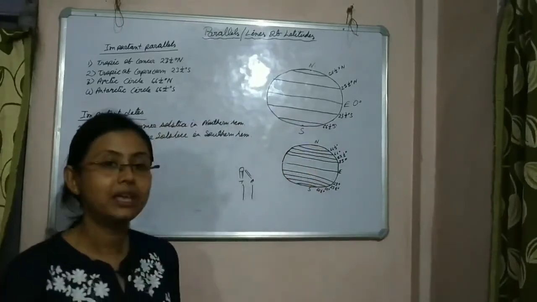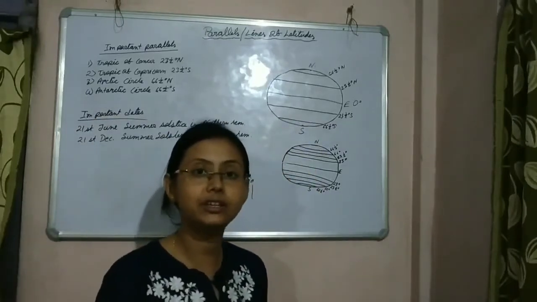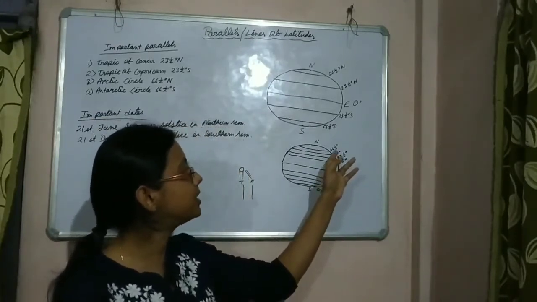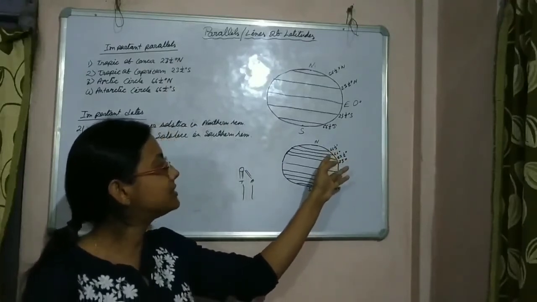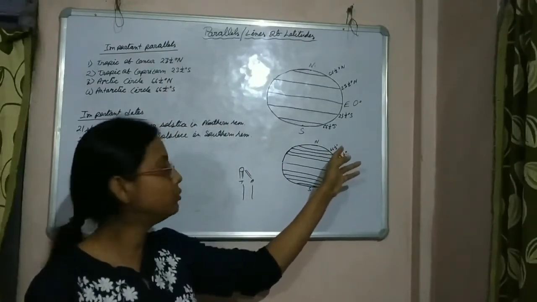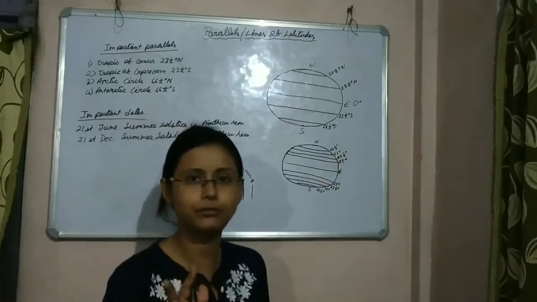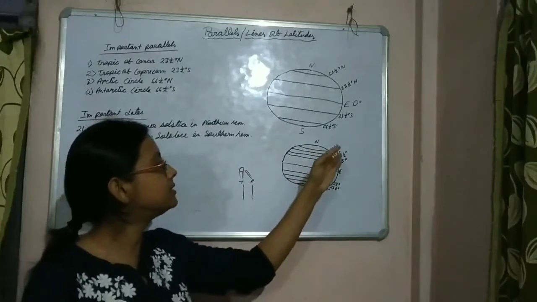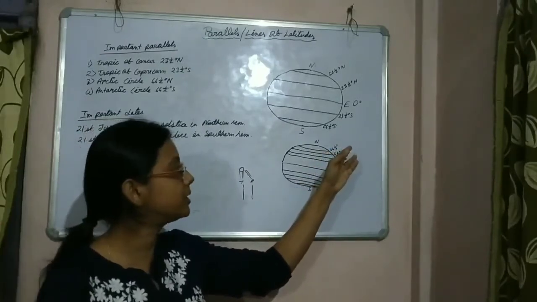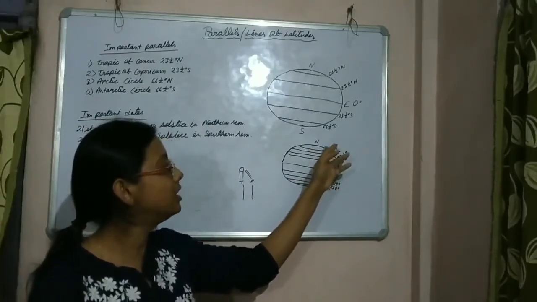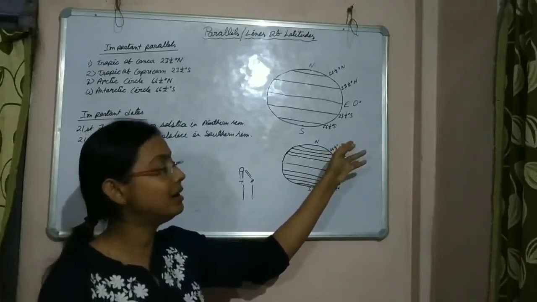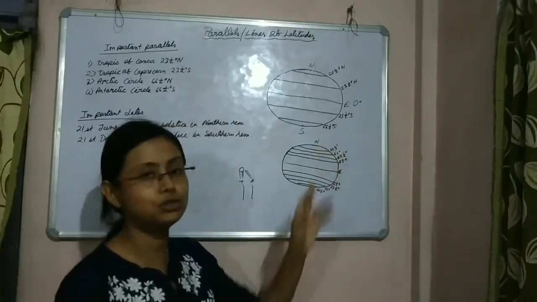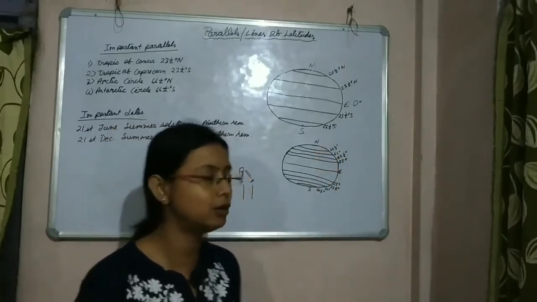The 23 degree north parallel is located south of the Tropic of Cancer, at a distance of about 50 or 51 kilometers between these two parallels. Similarly, the 66 degree north parallel is located south of the Arctic Circle, that means the 66 half degree N parallel. So the distance between these two is also almost 50-51 kilometers.